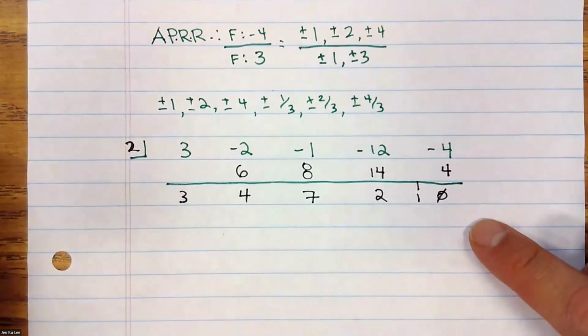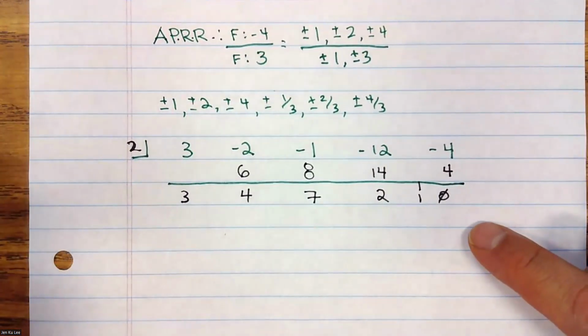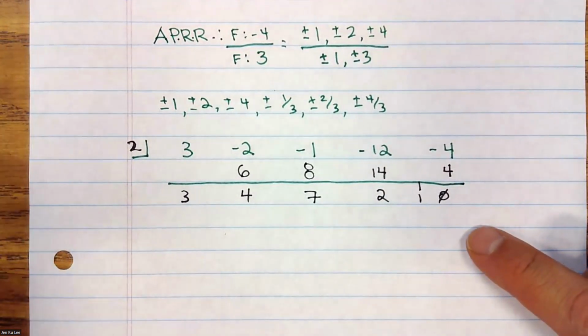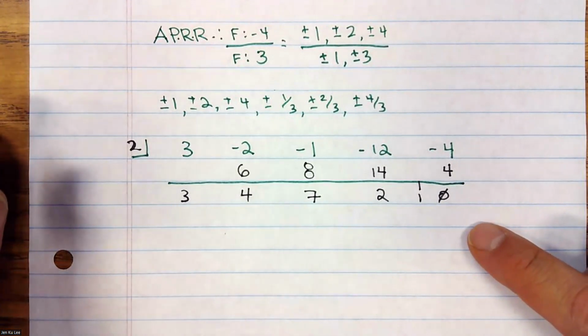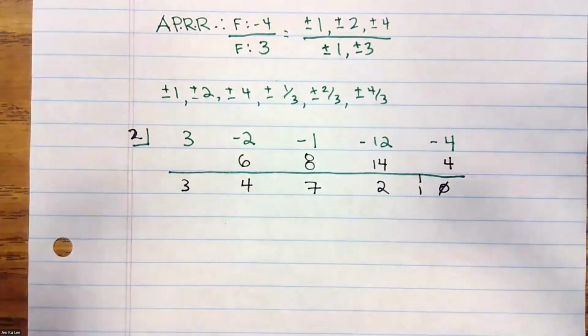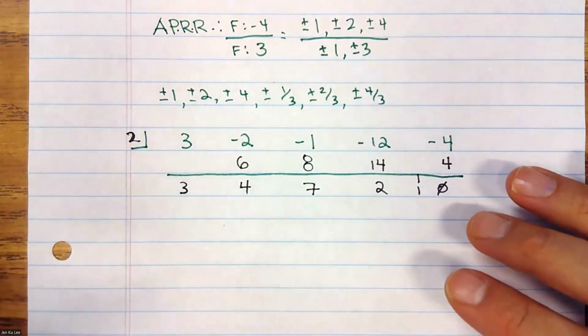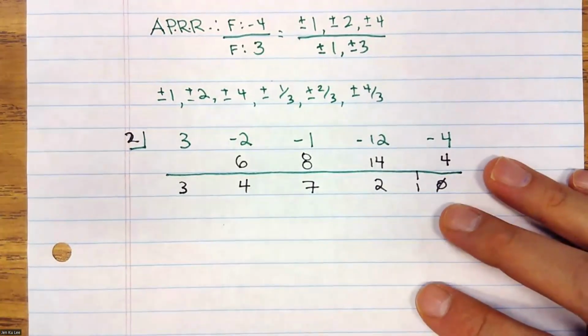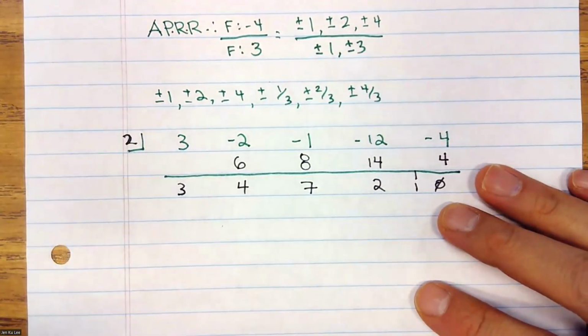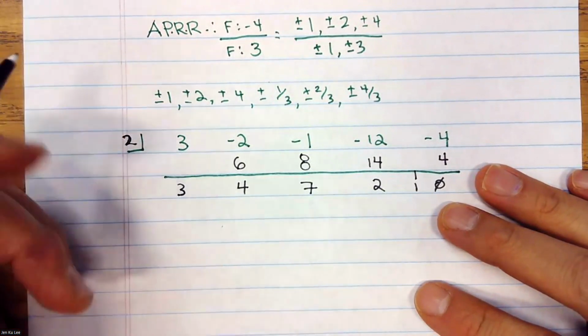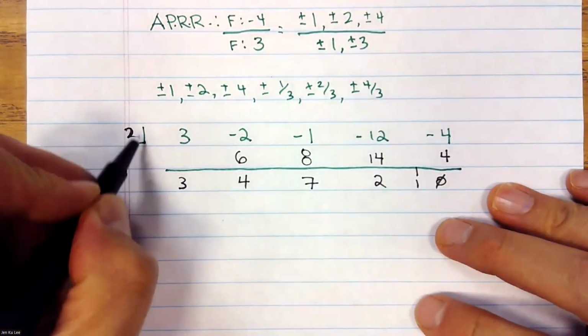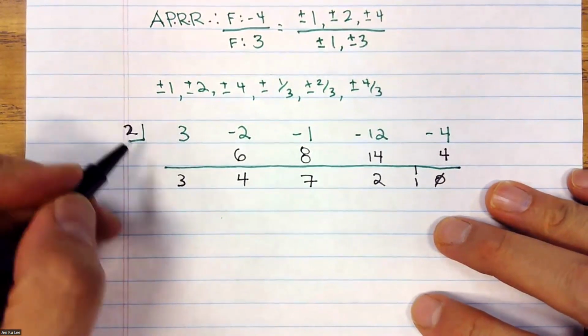I promise you that I did not know that 2 was going to work. Or I forgot that 2 was going to work. You guys got to believe me. I didn't know. I literally just said my train of thought out loud. So the 2 became a root, right? I tested it out.